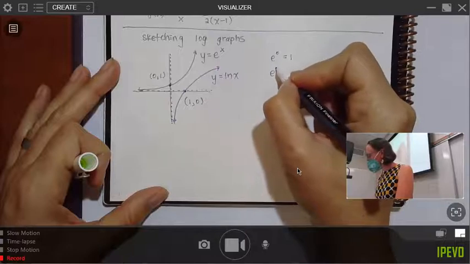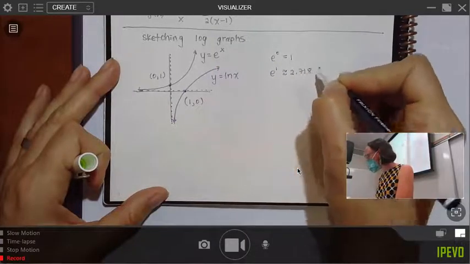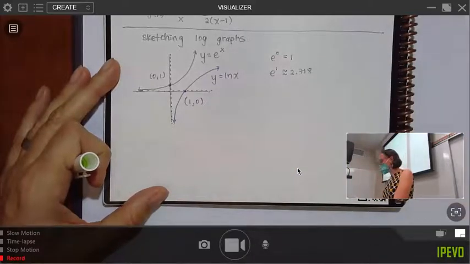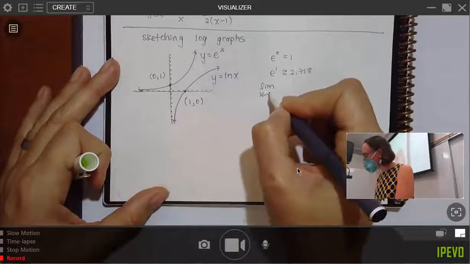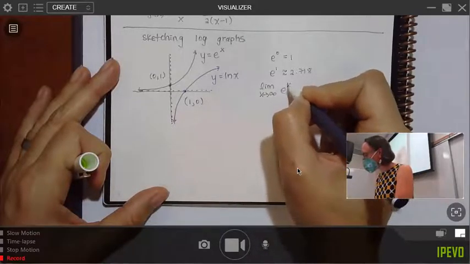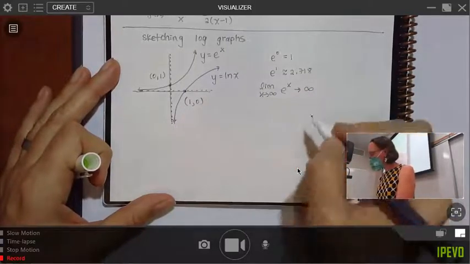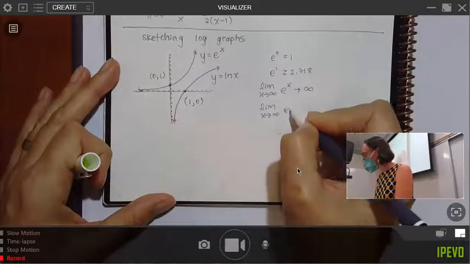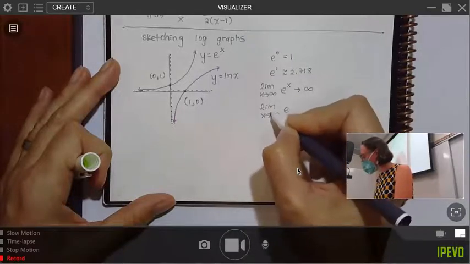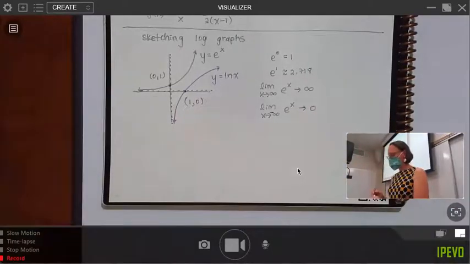E to the first power is approximately 2.718. We could keep going, but that's plenty. We looked at the limit as x approaches infinity of e to the x, and that was positive infinity. And the limit as x approaches negative infinity of e to the x goes to 0.